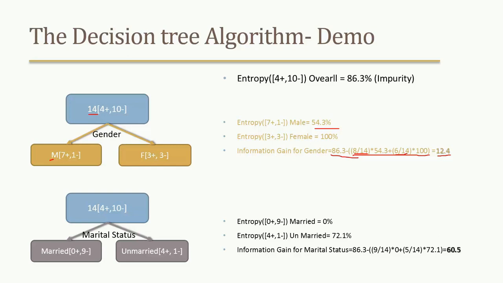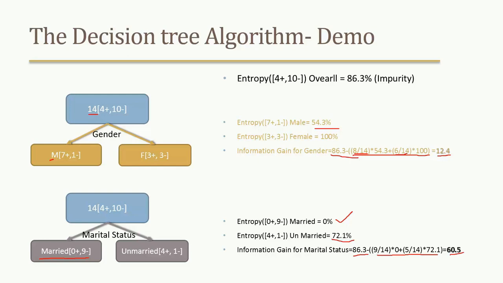Similarly when we calculate for marital status, for married the entropy is 0%, the impurity is 0 because it is a very pure segment, all of them are negative, and for unmarried the impurity is 72%. So the information gain for marital status is 86.3 minus the entropy after the split, which gives 60.5.